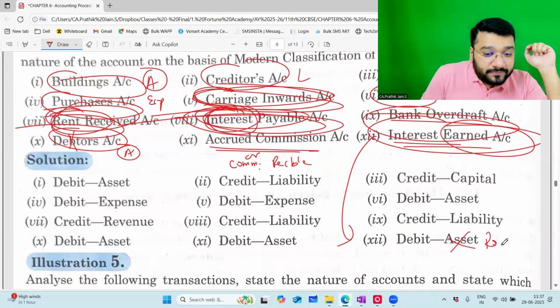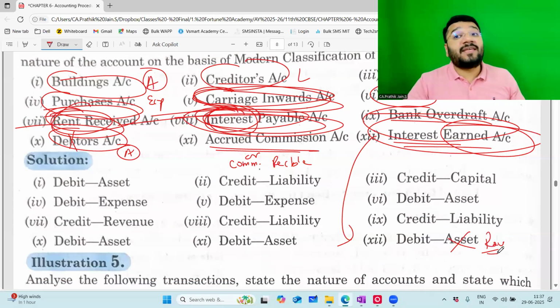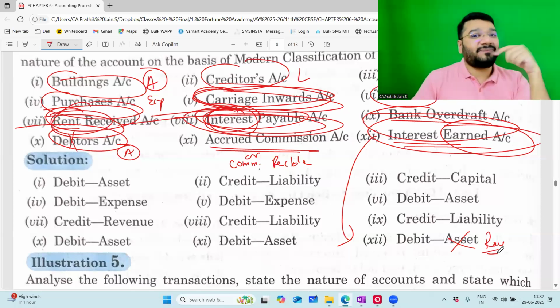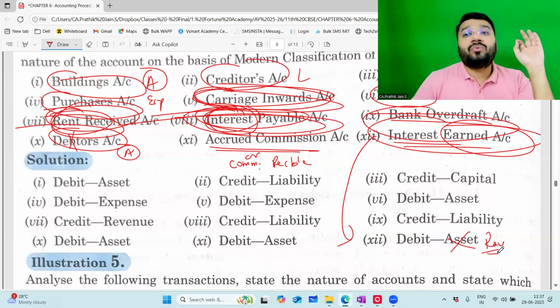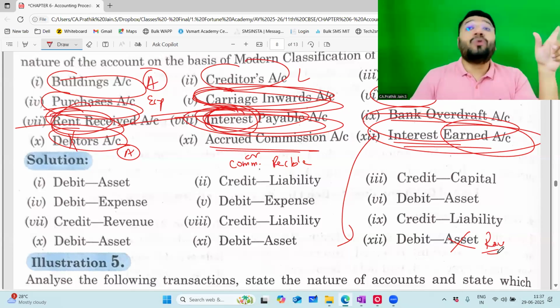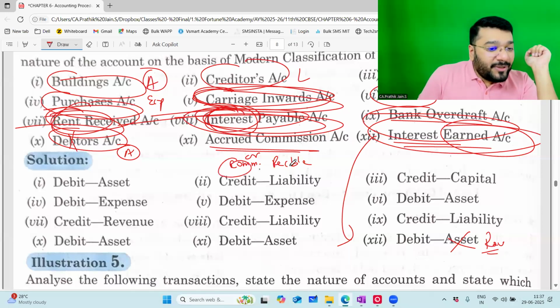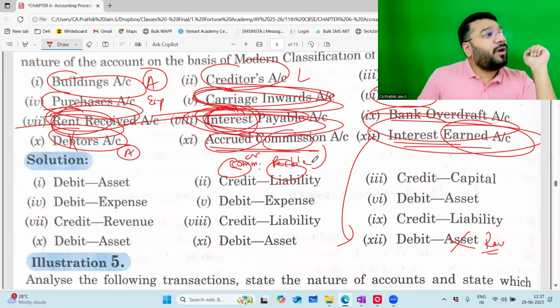Please write it down. Had they used the word interest receivable, that is an asset. Interest earned, sales income earned, rent earned, all these are revenue. These are not assets, these are revenue. Interest receivable, accrued interest, like commission receivable, accrued commission. When these words come, these are assets.